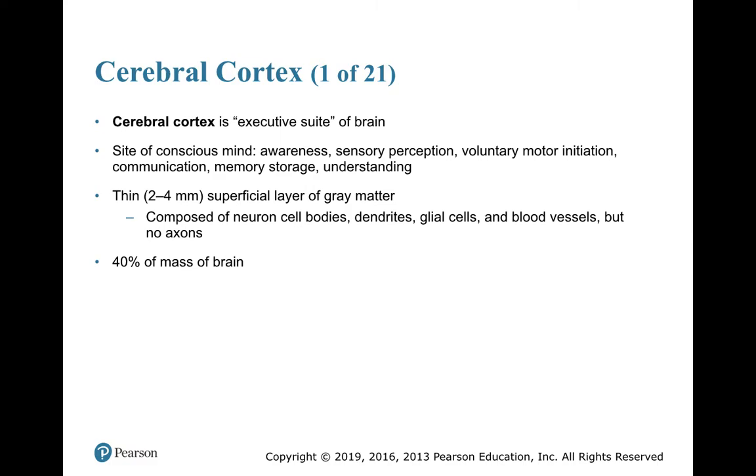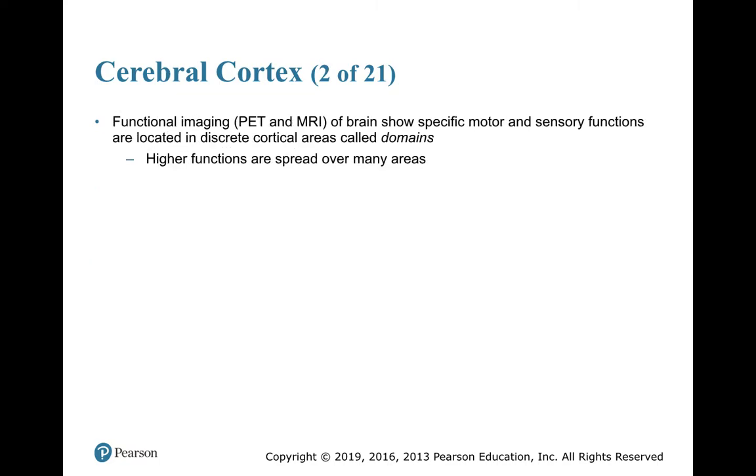That gray matter is neuron cell bodies, dendrites connecting to other neurons, glial cells, support cells, blood vessels, but not axons. The axons make their way into the white matter. This cerebral cortex makes up about 40% of the mass of the brain. There's a lot of computing function up there.